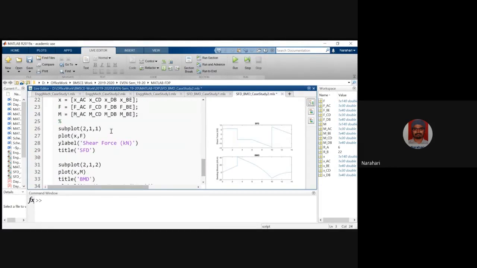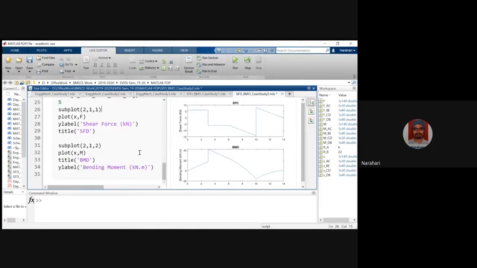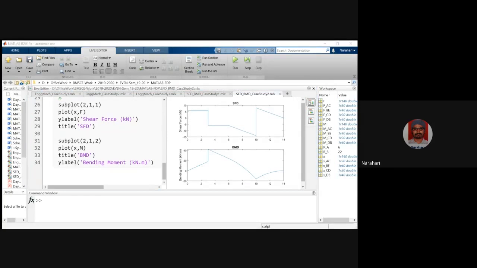Yeah, you can see here. So this is the SFD BMD. I'll just enlarge this. Yeah. So this is how you get the SFD BMD. Now again, if you want to ascertain whether that is correct or not, I will just copy paste the thing here.